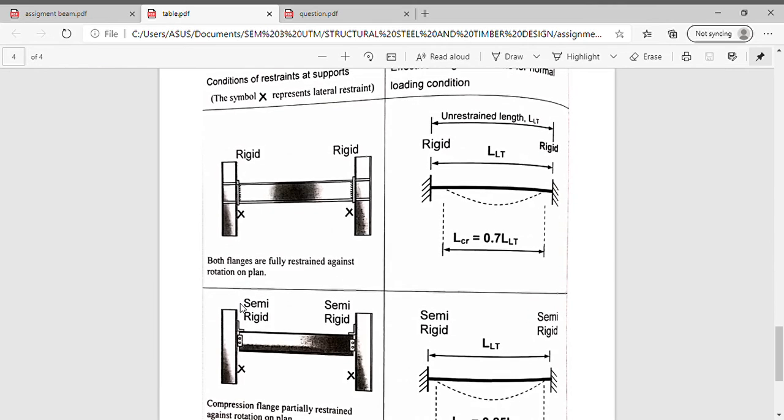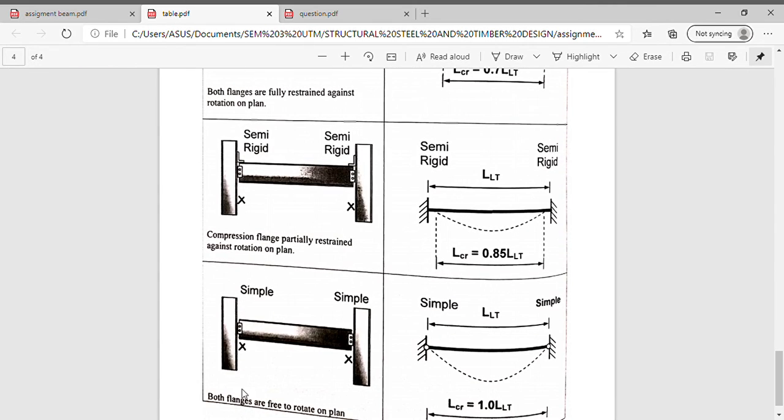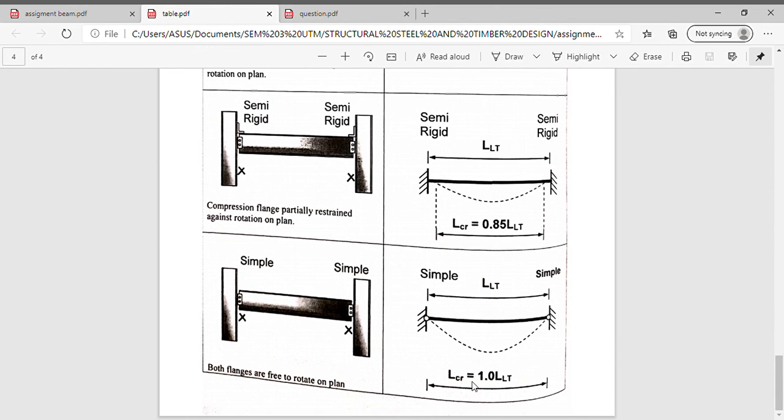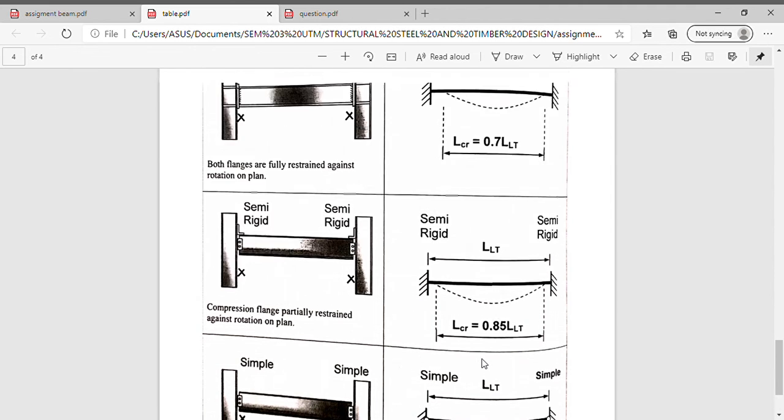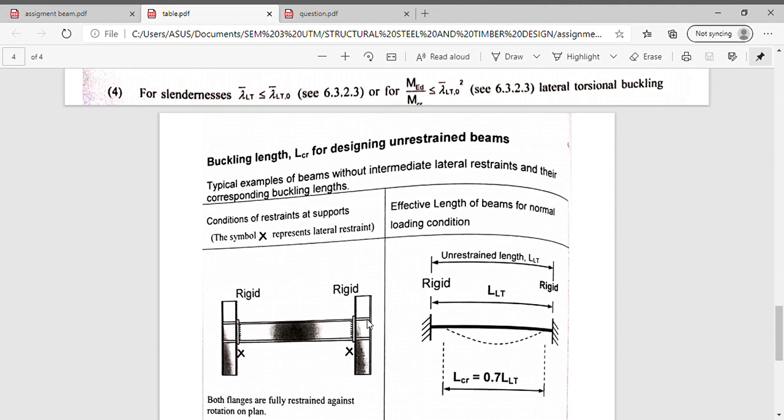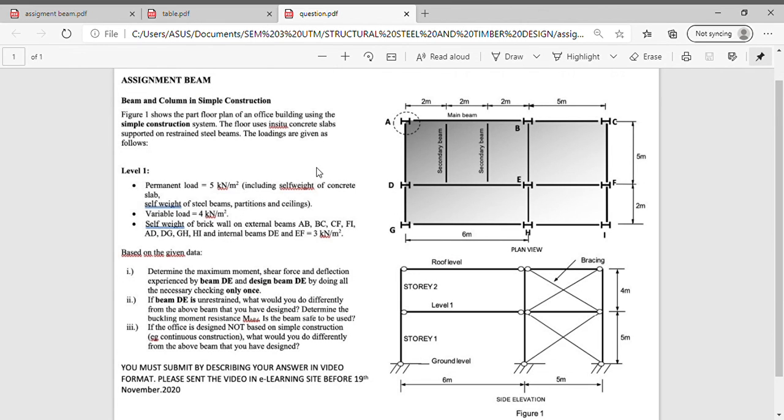For simple construction, we use this formula, LCR equal to 1.0 L. For continuous construction, because the joint is rigid, we use this formula, LCR equal to 0.7 LLT. This is the difference in designing the continuous construction.